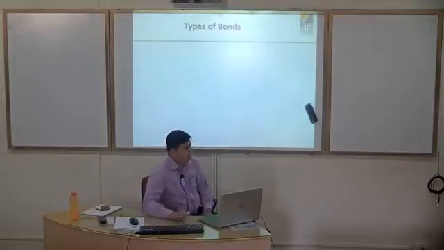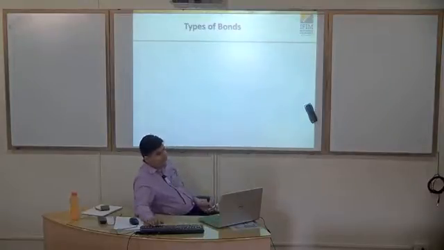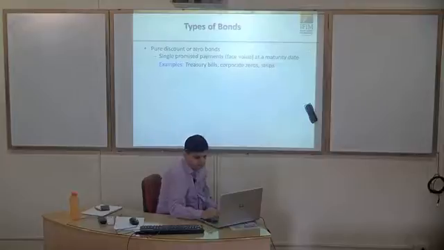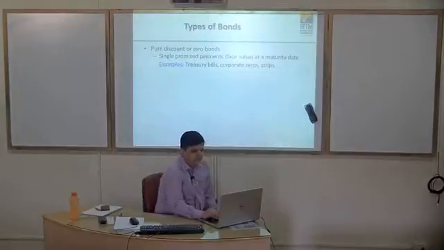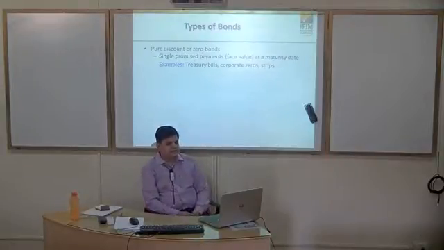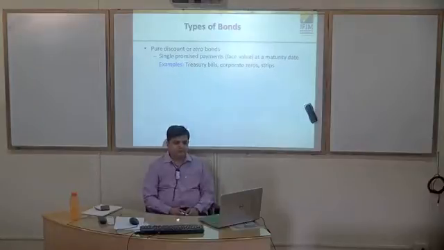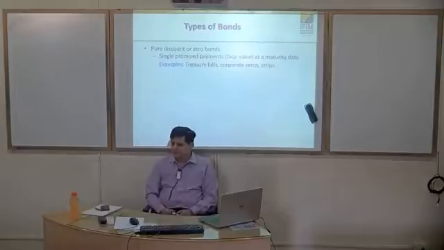Let's look at types of bonds. Pure discount or zero bonds: it is a single promised payment at the maturity date. There are no dividends, no interest provided in between. Examples: treasury bills, corporate zeros or strips.